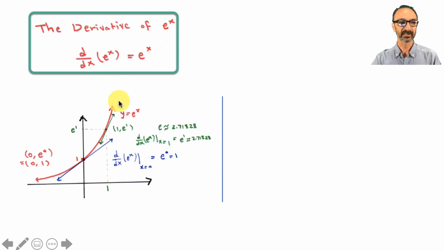This is e to the x, exponential function. At 0 you get 1, because if you plug in 0, e to the 0 is 1. What this says, the slope of this blue tangent at this location is d/dx of e to the x at x equals 0, which is e to the 0, which is 1.